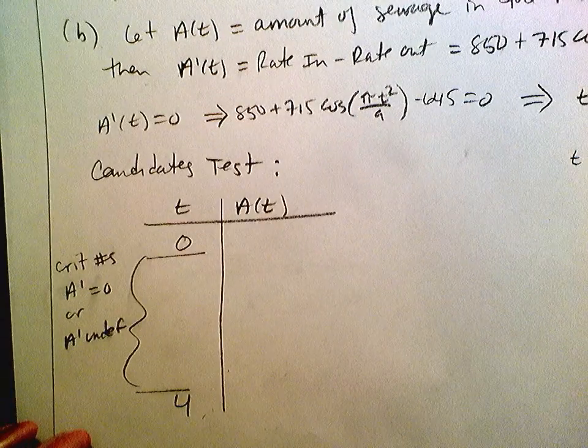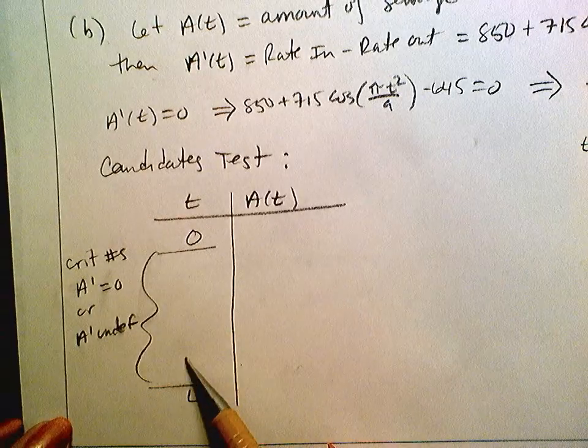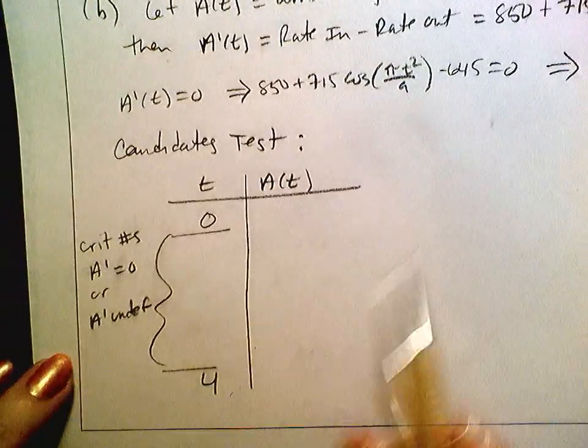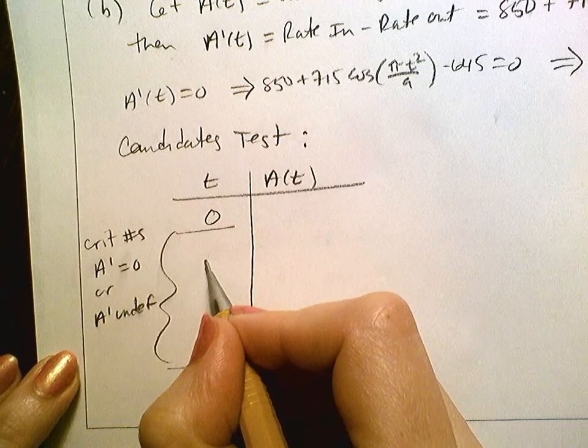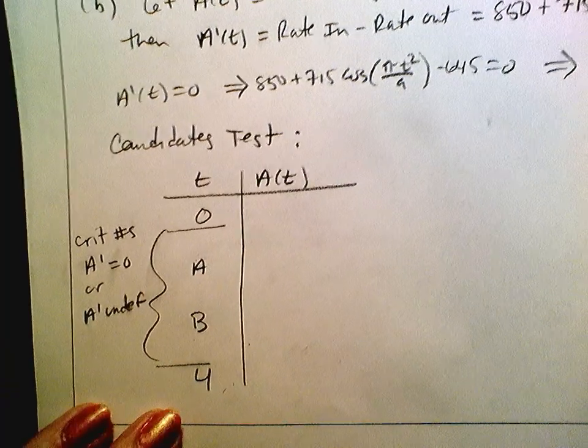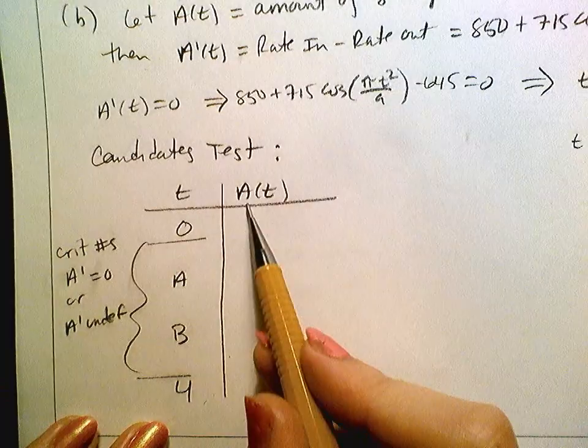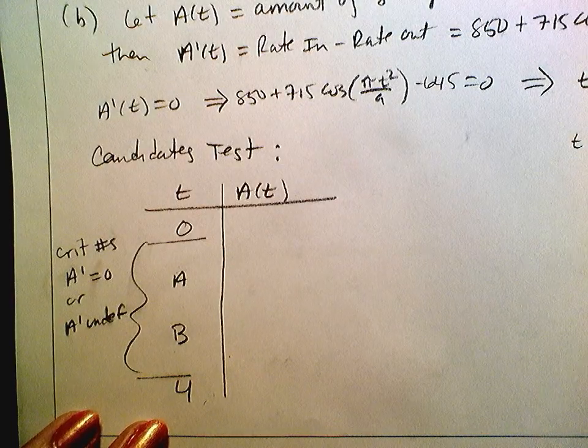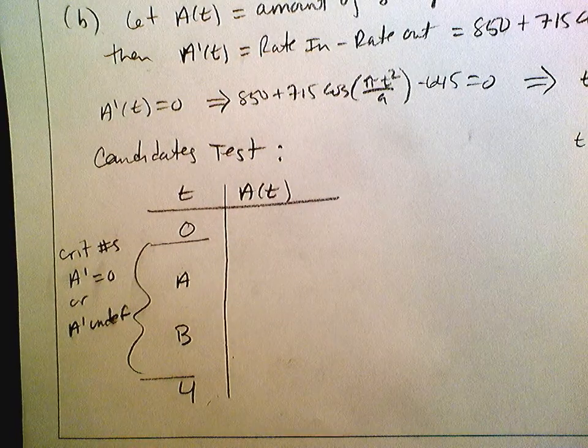Okay. So those are ready. So the critical values, so we're going to have A, so this will be A, and that will be B. Darn it, I already used A for that. Ugh, that actually kind of is a problem.